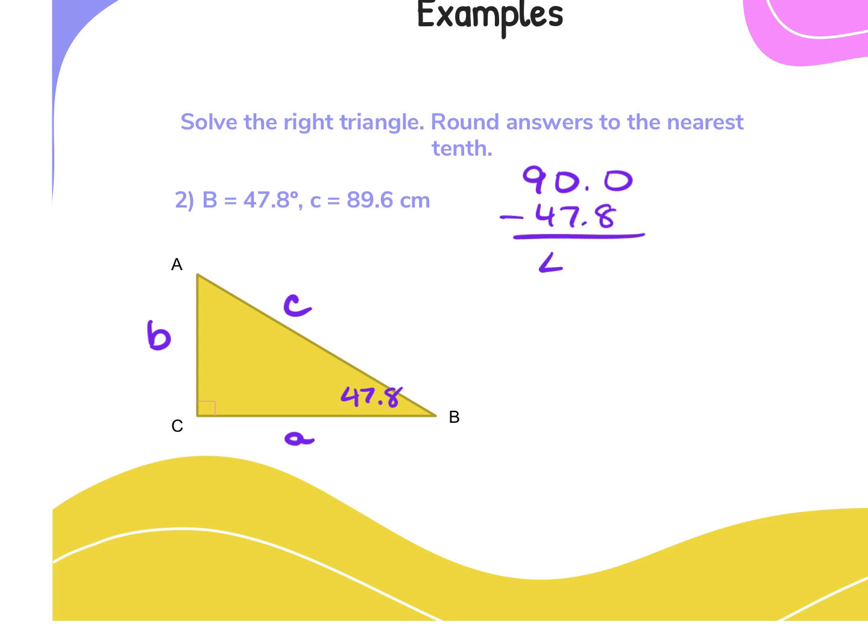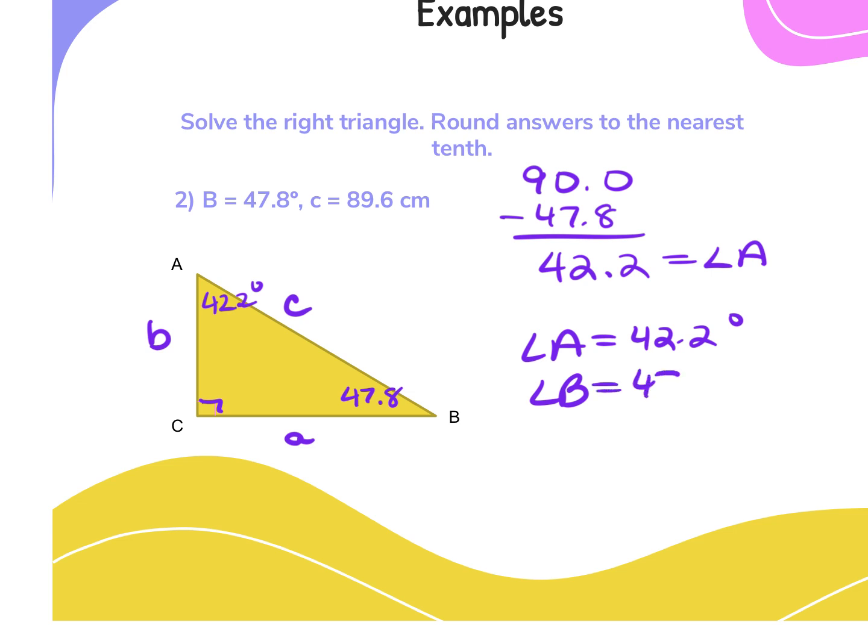Subtract that, I get 42.2, and that's going to give me the measure of angle A. That's usually the easiest thing to find. Now, I've got all three angle measures. So angle A, 42.2 degrees. Angle B was given to me, 47.8. And angle C was the right angle.